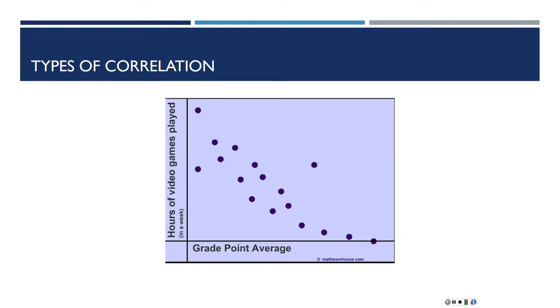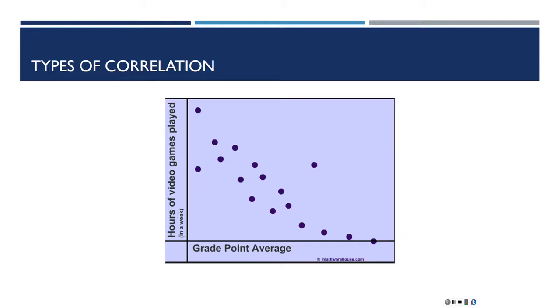What are we missing to be able to do any interpretation here? I just talked to you about misleading graphs. Yeah, is this going from A to F, or is it going from 0 to 4 or F to A? Which way is the grade point average going? We don't know.